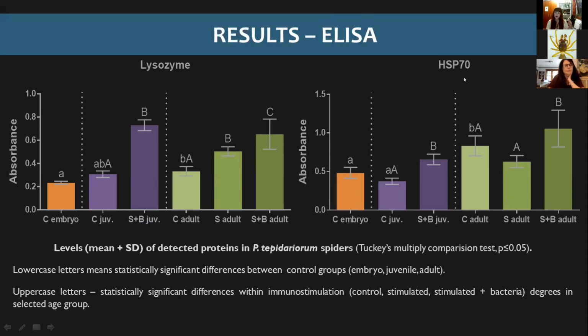And also HSP70 protein is at the highest level in spiders treated with bacteria and the foreign body in their abdomen.